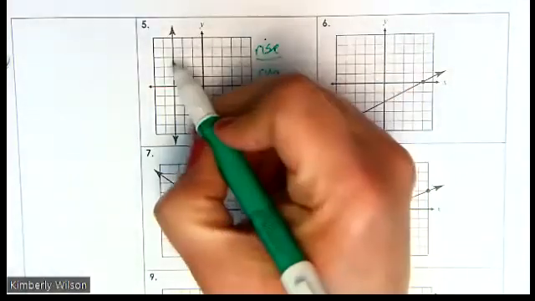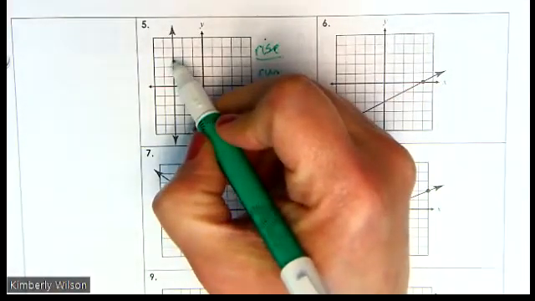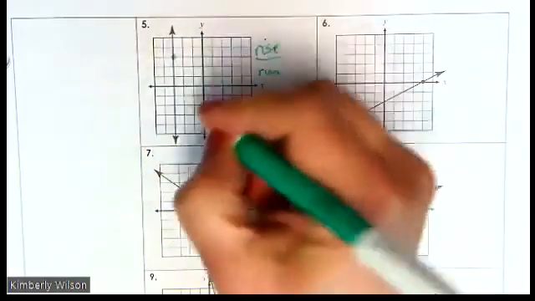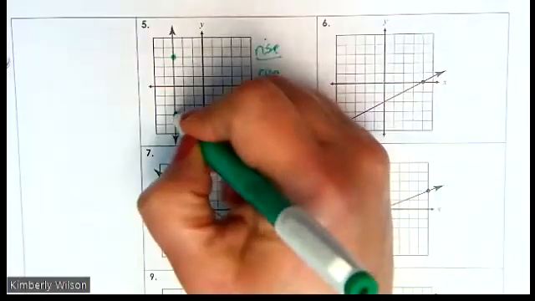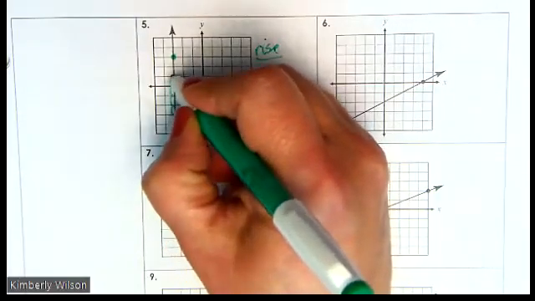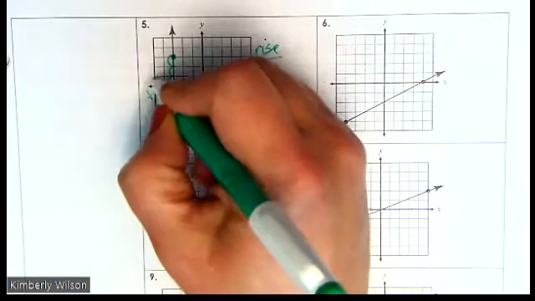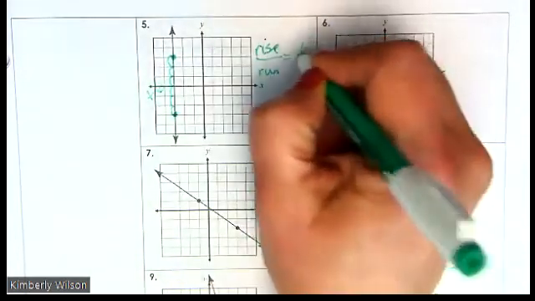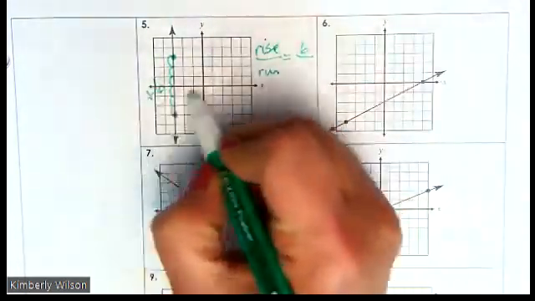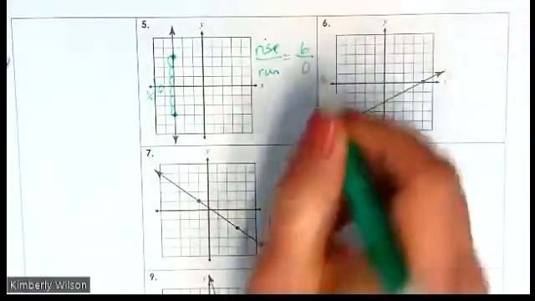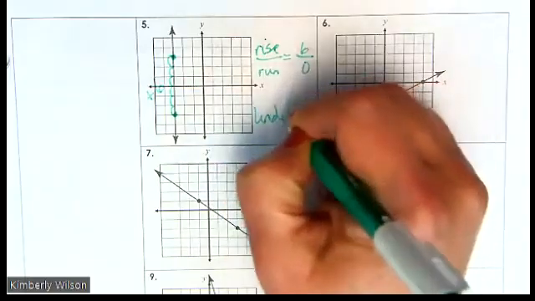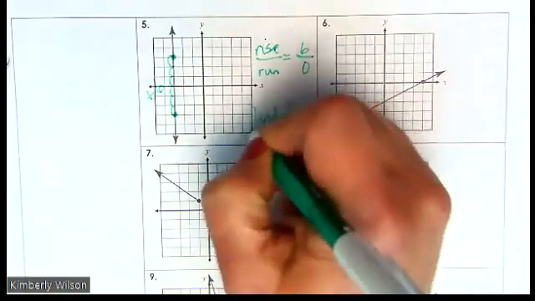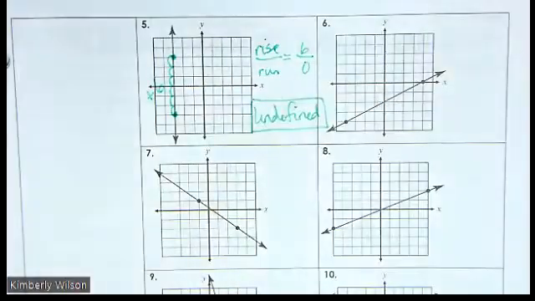Remember, we want them on the grid, so I don't want one that's in the middle between. I want one here, and I'm going to pick one here. My rise for this is going to be 1, 2, 3, 4, 5, 6, over, there's no run, so that means it's 0. Anytime there's a 0 in the denominator, it is undefined.